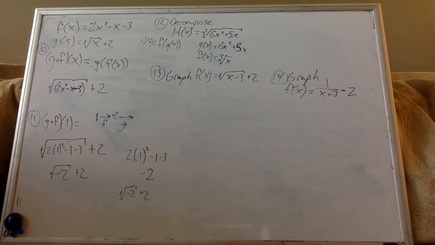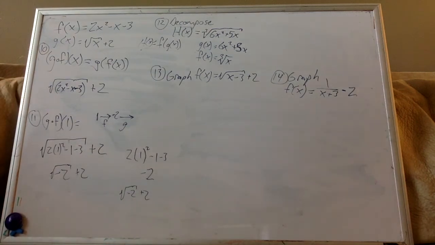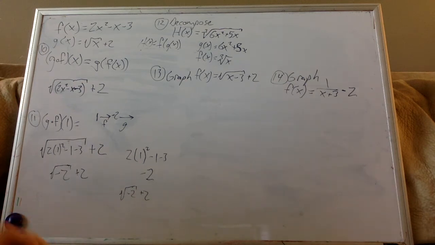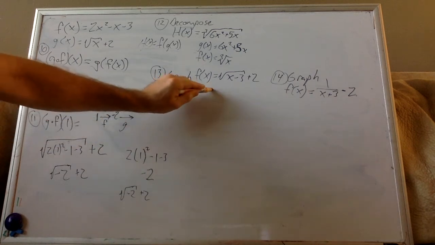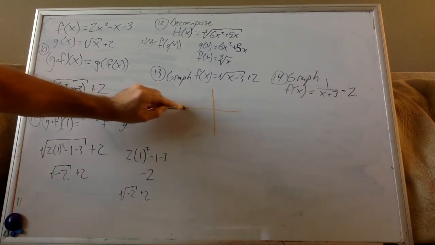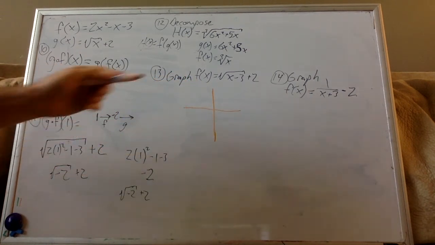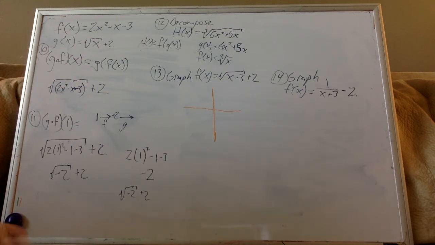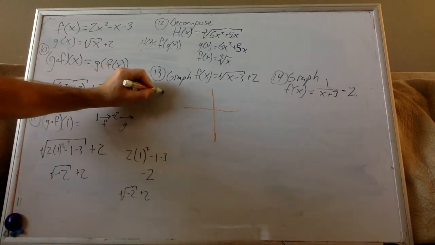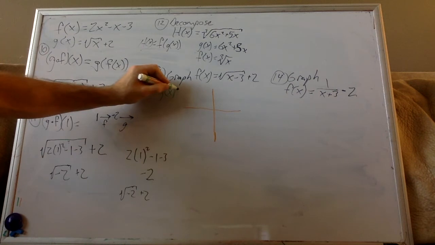Okay. All right. So now 13 and 14, we're going to graph. So it's important to try to have a sense of what the underlying shape is. So in this case, I might call this g of x.